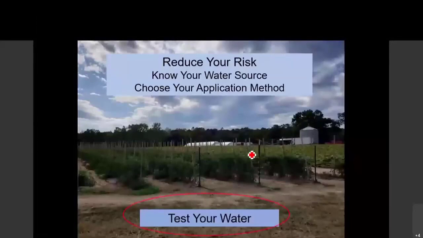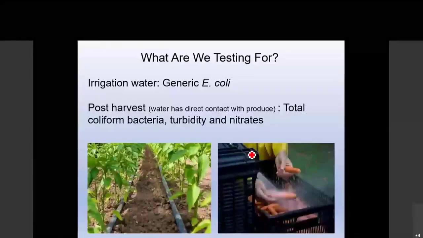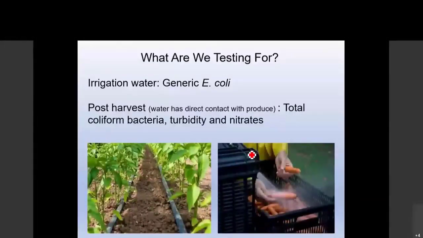So last month we talked about knowing your risk and knowing your water source. We're going to talk about water testing and how choosing your application method can help mitigate some of that. So again, testing ensures suitability for use, and it's a good record to have. You get to know your water source that way. So what are we testing for? We're testing for generic E. coli.